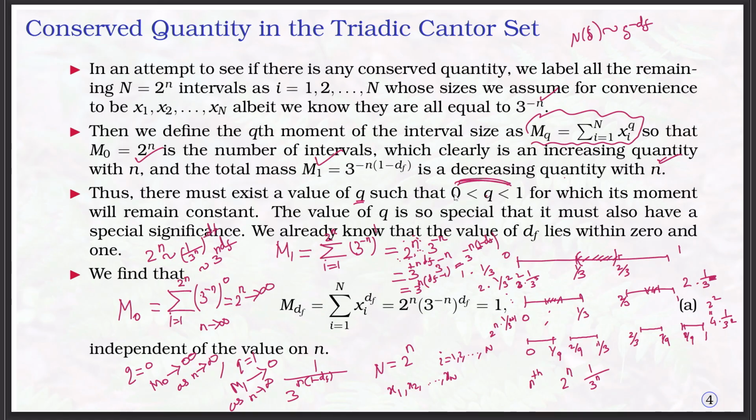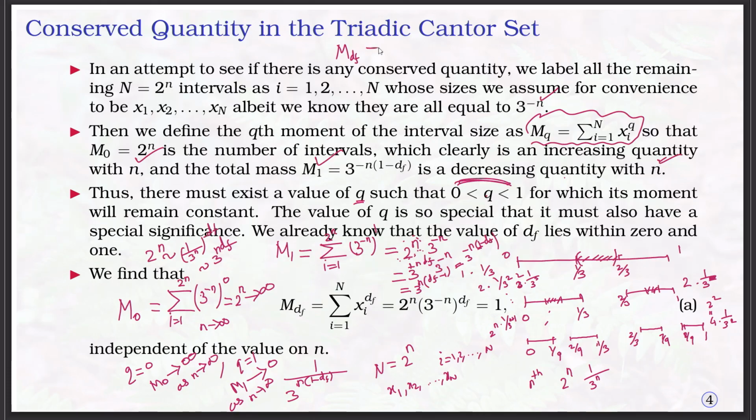Now there exists a quantity, that means an exponent q between 0 and 1, such that its moment will remain constant. So there exists a q between 0 and 1, m_df.